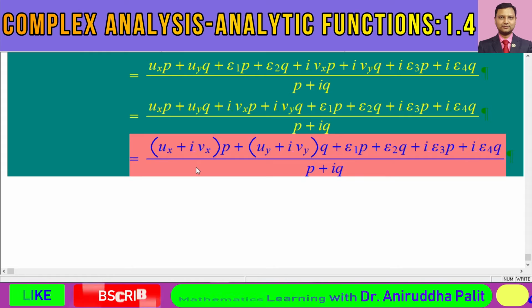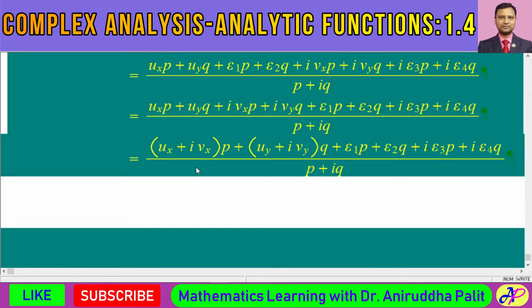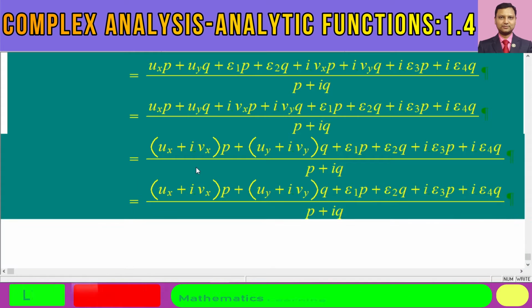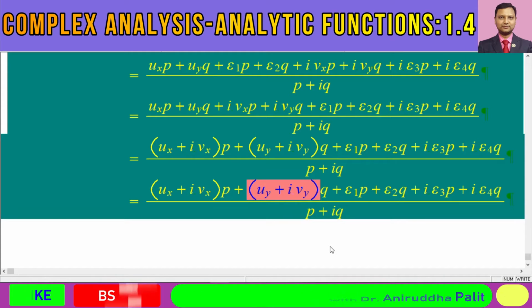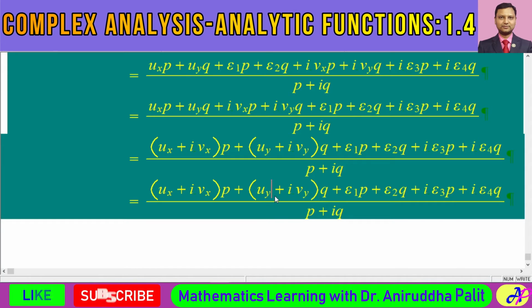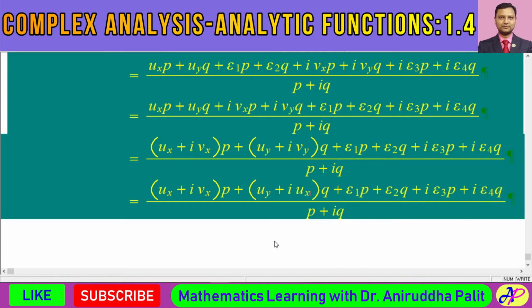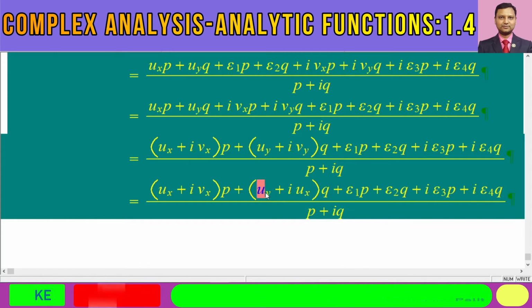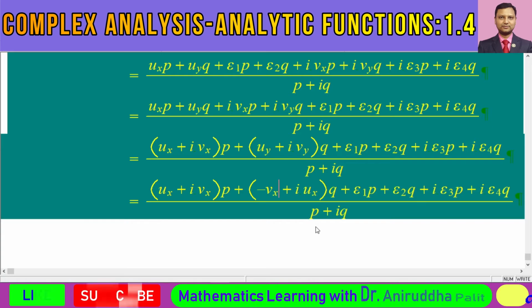So now in this next line, I am going to apply the Cauchy-Riemann equations in this expression. ux is equal to vy, so in place of vy I am going to write ux, and uy is equal to minus vx, so in place of uy, I am going to write minus vx.